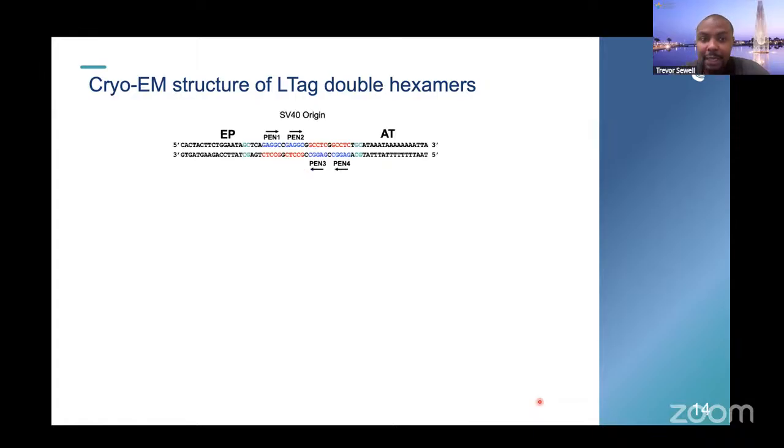So we devised a clever strategy by revisiting the SV40 origin. If you look at the sequence, as I've mentioned before, the sequence can be broadly divided into 2. You have the EP half and the AT half. So we did exactly that. We split the sequence into 2.